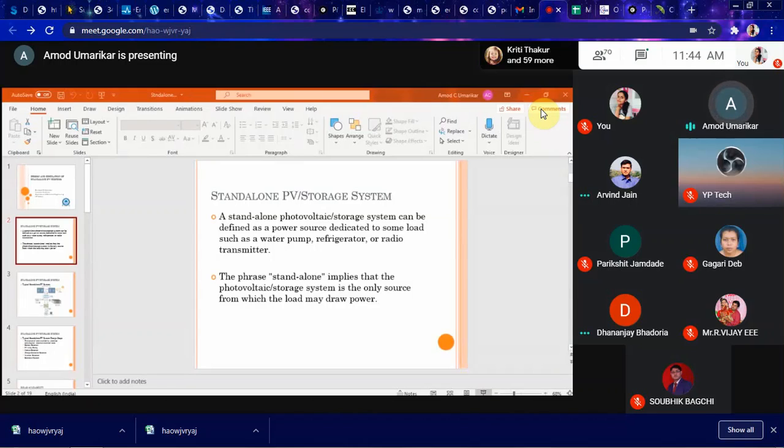Wherever the grid is available, we connect the grid as a combination. Whenever PV power is more, the load will be supplied by PV power, and when there is a deficit of power from PV, the rest of the power will be fulfilled by the grid. That's also one of the combinations. But we'll mainly focus on the standalone.